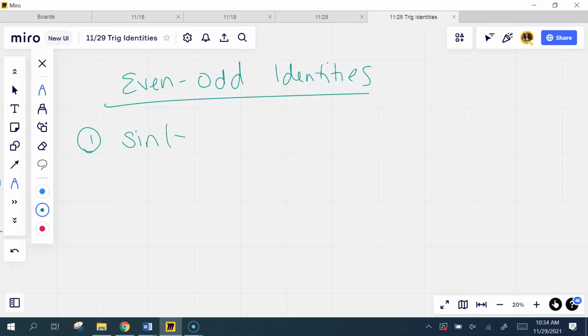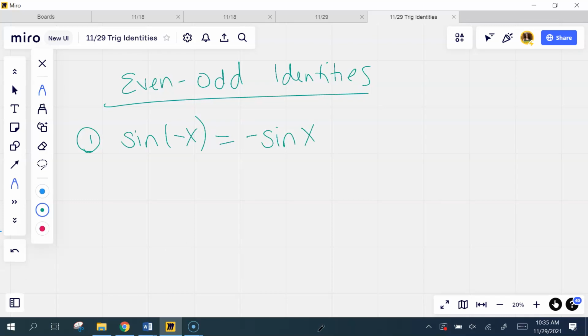If you negate theta inside there, so the sine of negative theta or the sine of negative x, you will get negative sine x every single time.